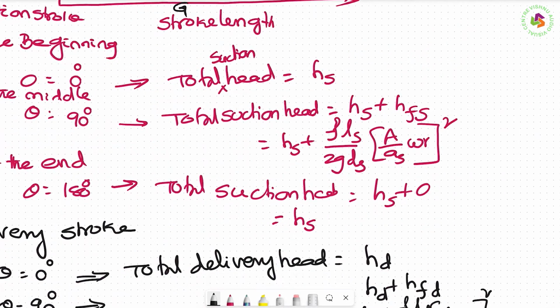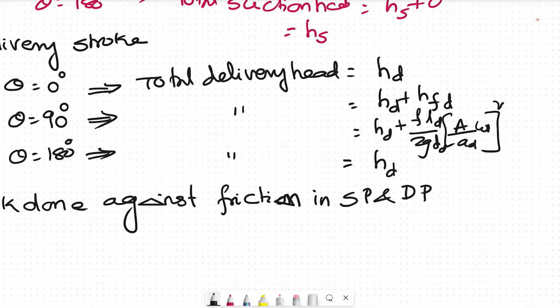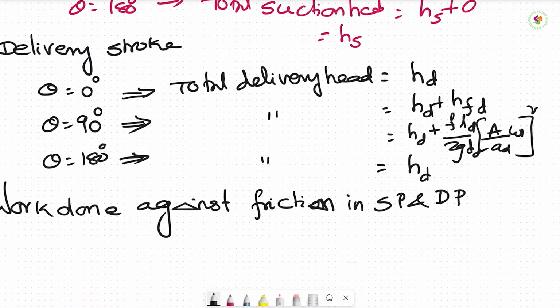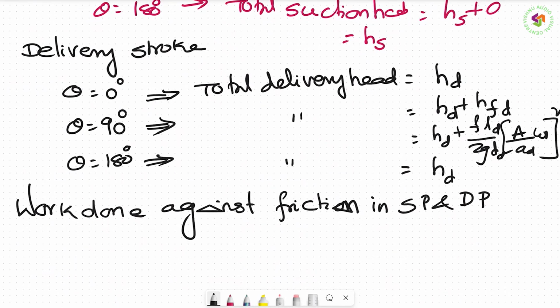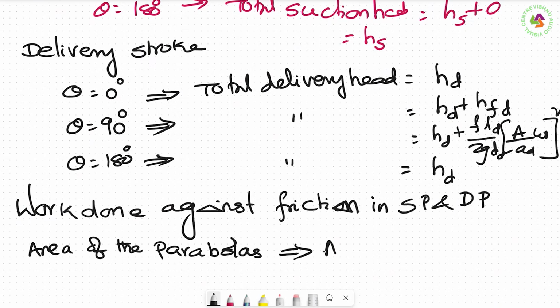So work done against friction is basically the area of the parabolas. There are two parabolas: one is AGB and the other one is CID.